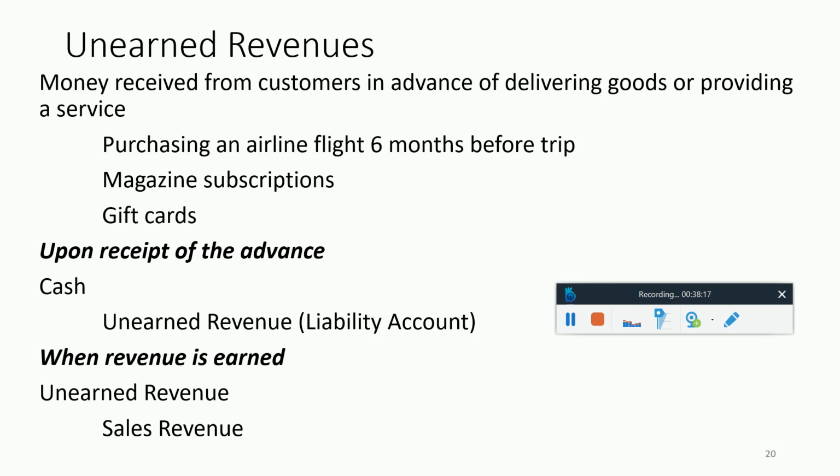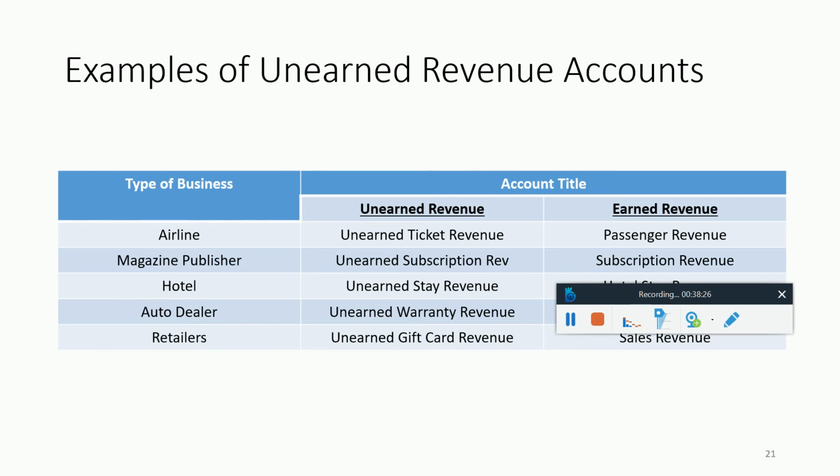Depending on the type of industry that your company operates in, there are different types of unearned revenue. This is just a very short list of some of the different types of unearned and earned revenue that you may see depending on the industry in which the company operates.